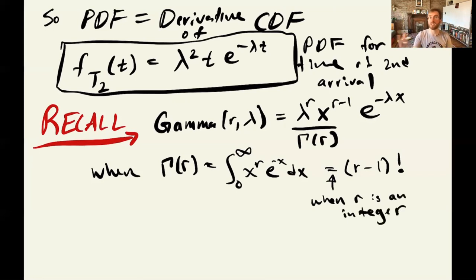The gamma function is just the continuous extension of factorial to any non-negative number. We're going to see this pop up shortly in another example.